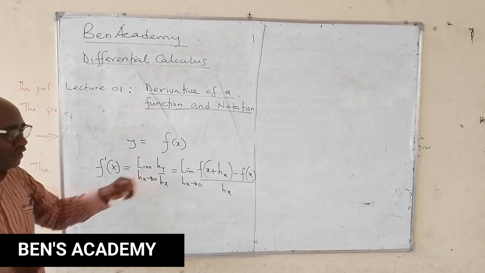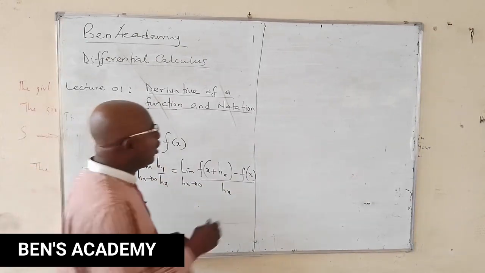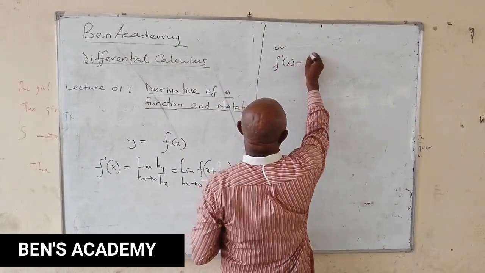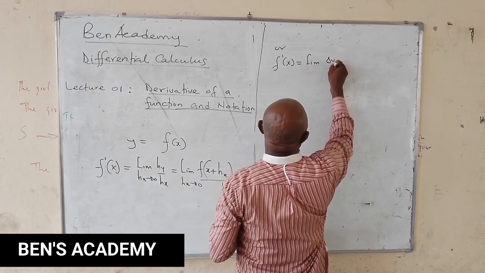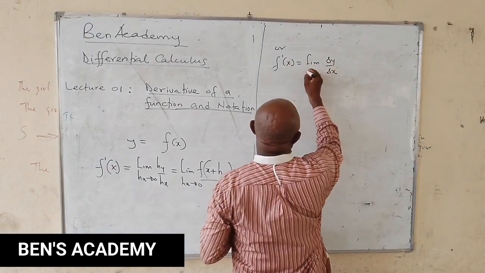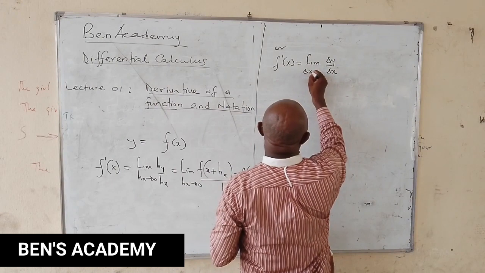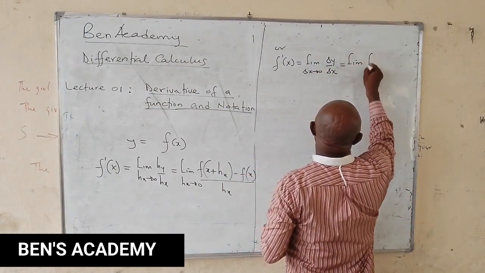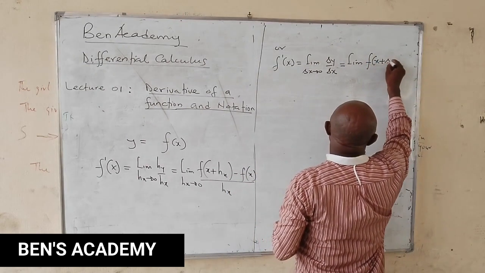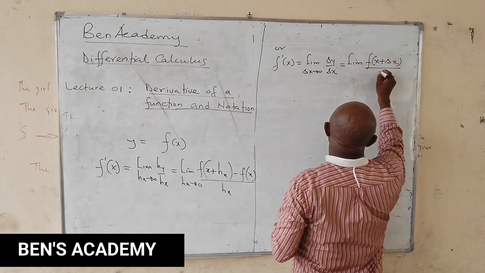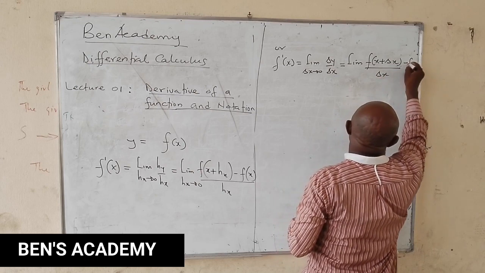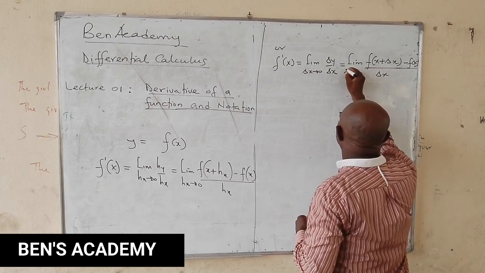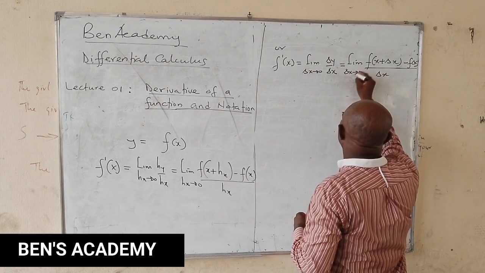We can also use another notation, either this notation or the one on the board here: f prime of x is equal to limit of change in y upon change in x as change in x approaches 0, and it's equal to limit of f of x plus change in x, minus f of x, all over change in x, as change in x approaches 0.